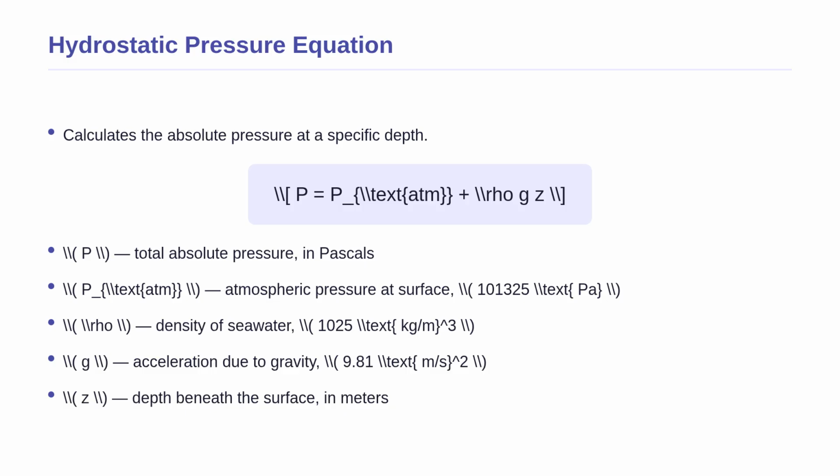To understand exactly how extreme this environment gets, we calculate the pressure using this formula. Conceptually, the total pressure is just the air pressure pushing on the ocean surface, plus the weight of the water column itself. P represents the total absolute pressure in pascals. P sub ATM is the atmospheric pressure pushing down on the ocean surface.